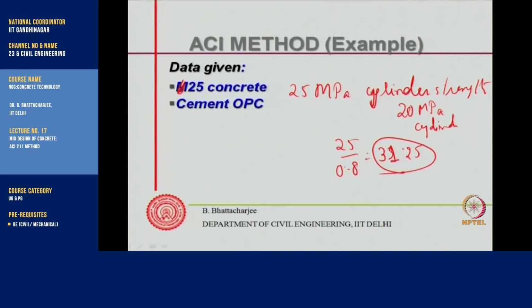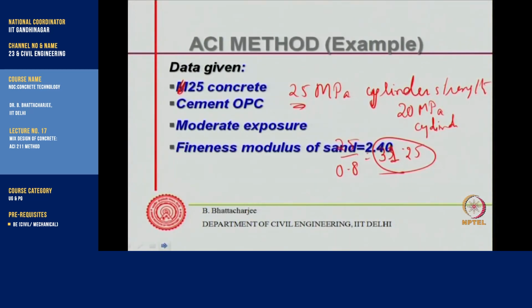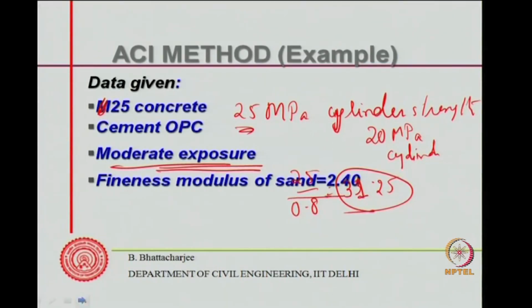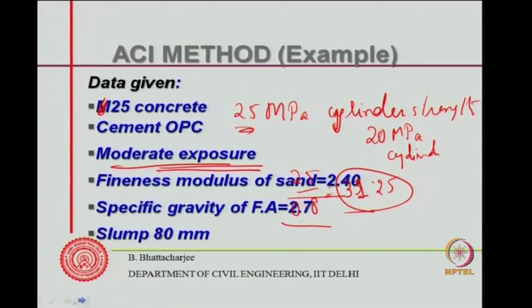So, somewhere around M30 grade of concrete if the cylinder strength is 25 MPa, something close to our 30 MPa concrete. That is what we are looking at, with moderate exposure, water cement ratio, etc. Now, if we are adopting the Indian situation, you can take the water cement ratio permissible by the Indian code only, and the fineness modulus of the sand is taken as 2.40, and the specific gravity of fine aggregate is 2.7.